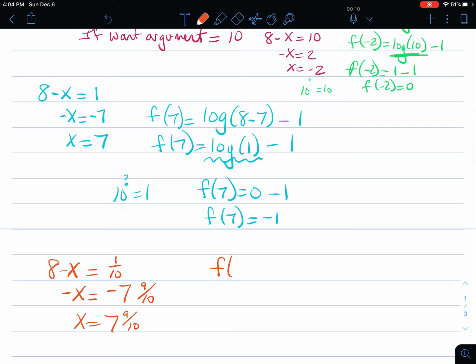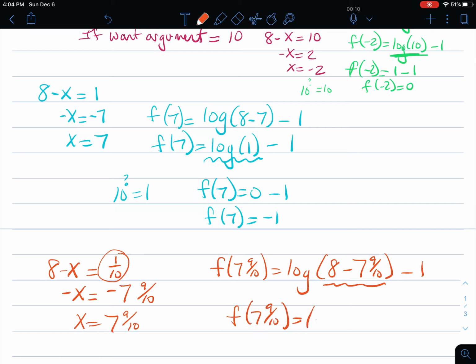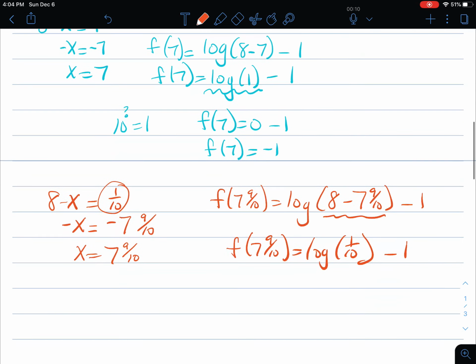When I plug in 7 and 9/10, here's what we see. F of 7 and 9/10 equals log of 8 minus 7 and 9/10, minus 1. Now this, just like we wanted, is going to be equal to 1/10. So we get log of 1/10 minus 1.